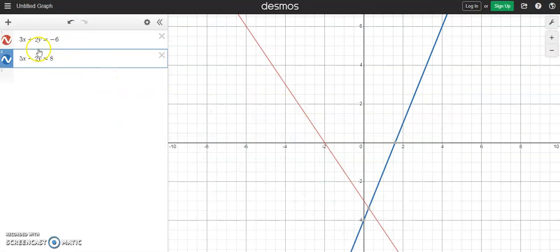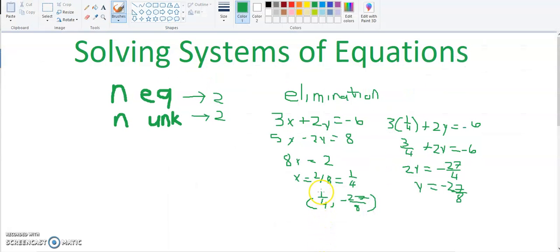So over here, I have a graph of these 2 equations. The first one is the red line, and the second one is the blue line. Notice that they intersect at this point right here, which is 0.25, negative 3.375. If we look at what we got, the answer to this system was 1/4, which is 0.25, and negative 27 over 8. Well, 8 goes into 27 negative 3 times with 3 left over, because 8 times 3 is 24, and 3/8 is 0.375.